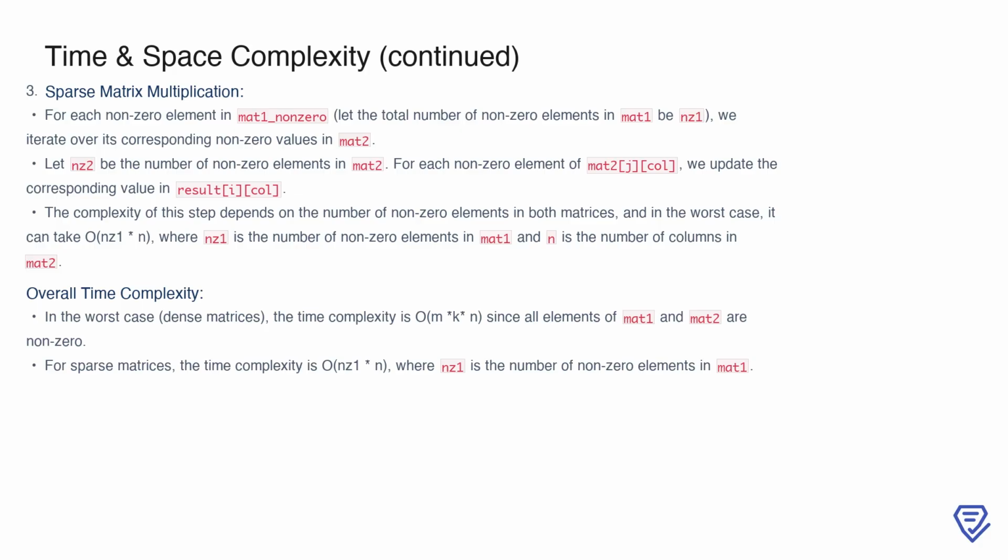This means the time complexity here depends on both nz1 and the number of columns in mat2, giving us nz1 * n. In the worst case, where both matrices are dense and contain no sparsity, the operation degenerates to m * k * n. However, for sparse matrices, the time complexity is significantly reduced to nz1 * n, making the algorithm more efficient for inputs with a high degree of sparsity.